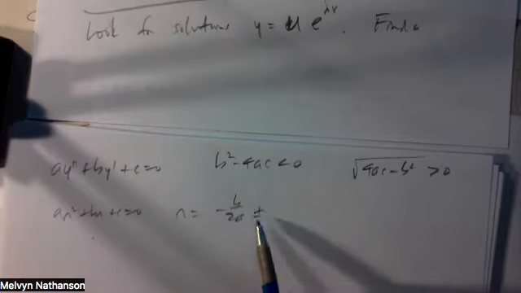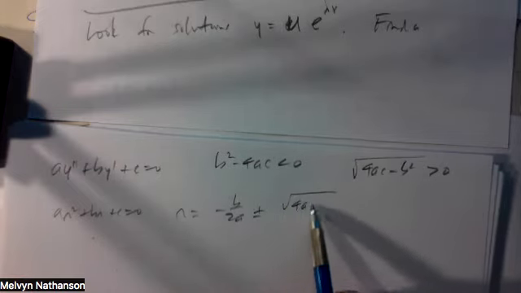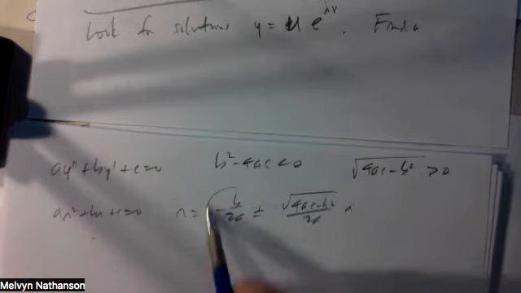And the roots of the equation ar squared plus br plus c equals 0 are r equals minus b over 2a plus or minus the square root of 4ac minus b squared over 2a times i, and I'm calling the real part lambda. And I look for a solution of the form y equals u e to the lambda x.